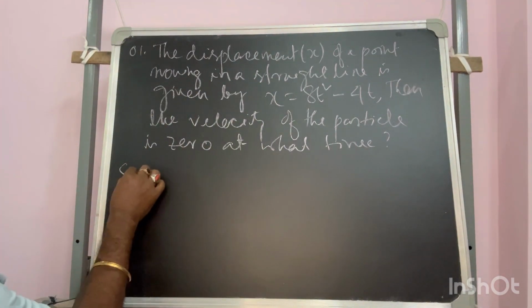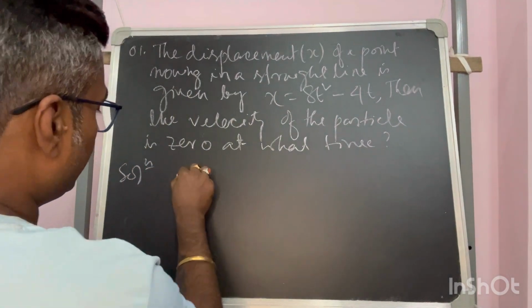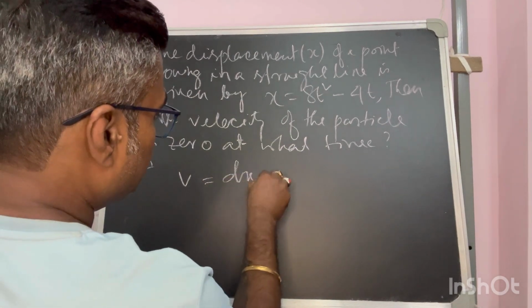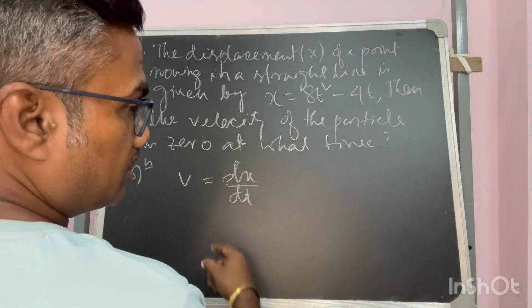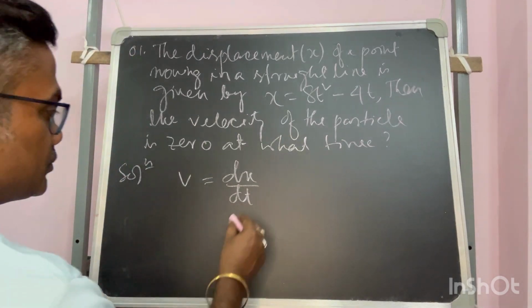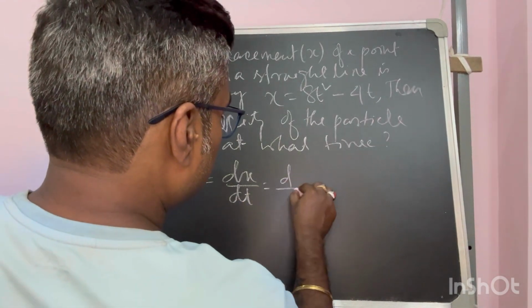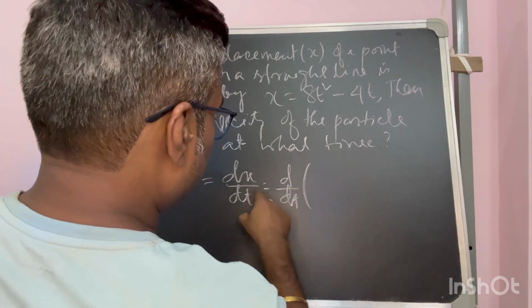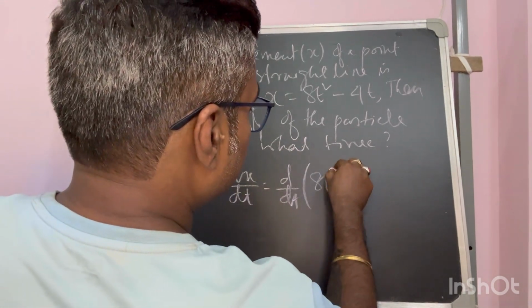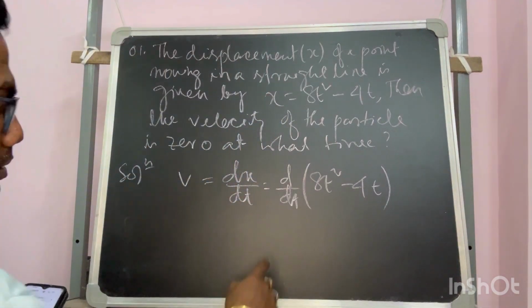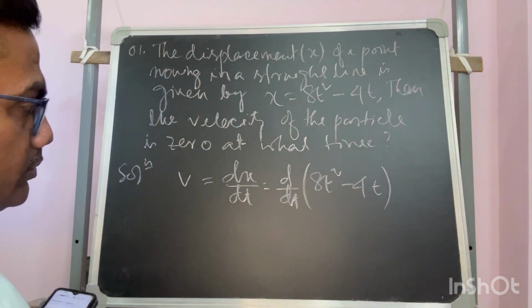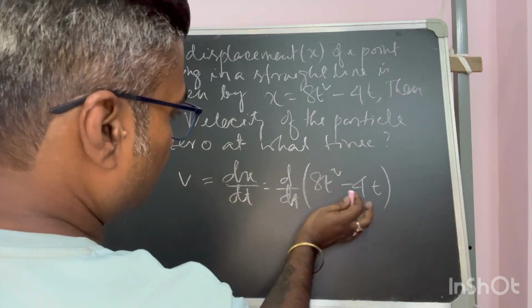So the solution will be, as you know, velocity is nothing but the derivative of displacement dx with respect to time. As I said, x is a function of t, so I will take the derivative of this whole function.